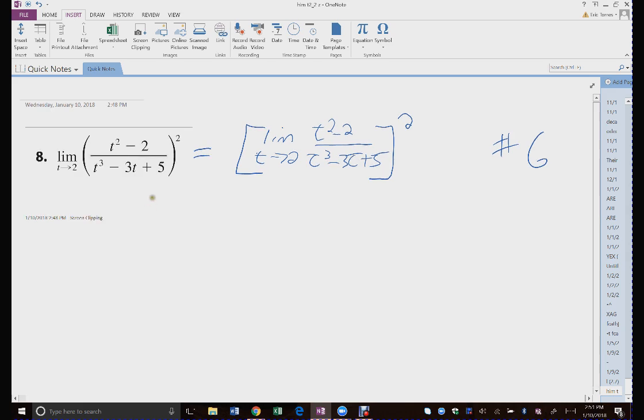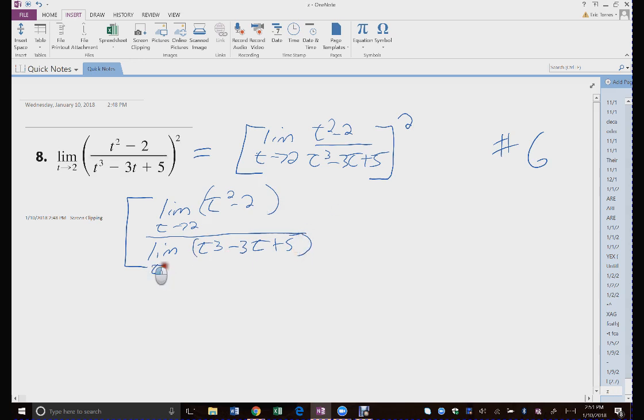So I will still have my bracket, and now I have the limit of t squared minus 2 as t goes to 2 over the limit of t cubed minus 3t plus 5, and those should probably be in parentheses, as t goes to 2, and I have my exponent of 2. Again, this was based on limit law number 5.